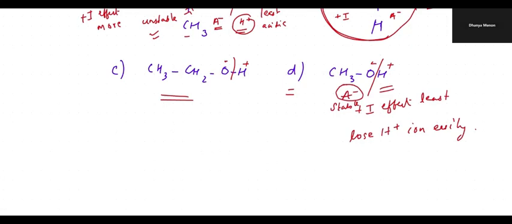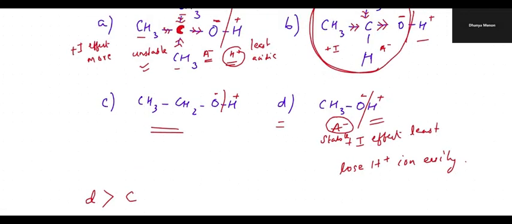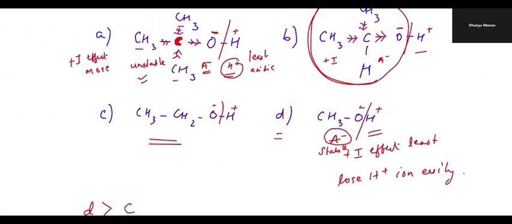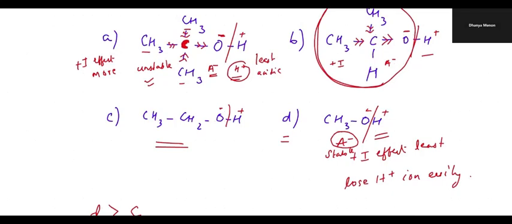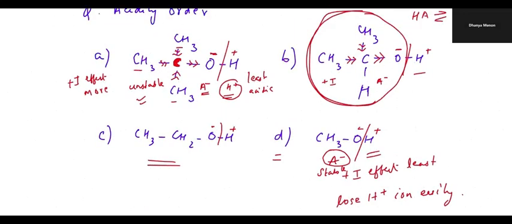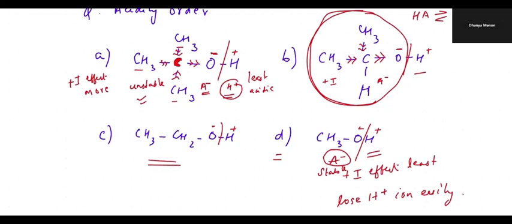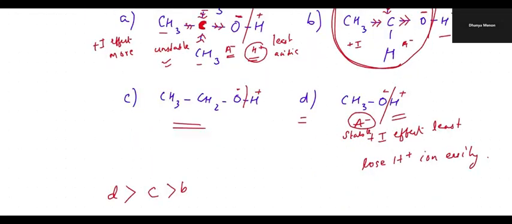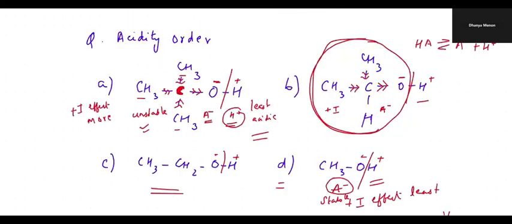So here D is more acidic than C. Then next, between A and B, who is more acidic? B is more acidic because they are less electron donating groups. There are only 2 methyl groups here in B, so it is showing less plus I effect compared to A. A is least acidic. If it is least acidic, that means it is more basic.